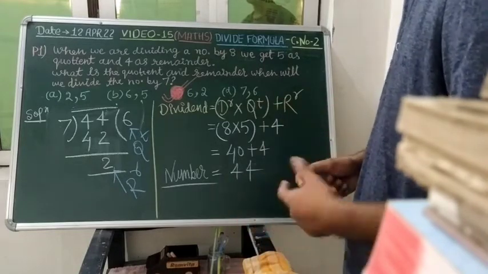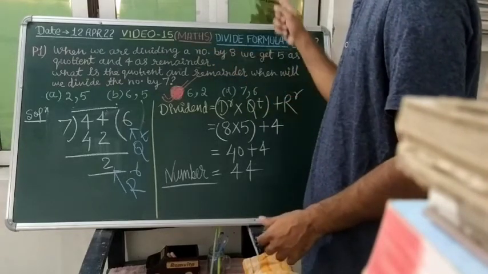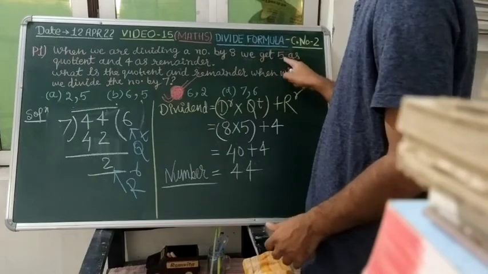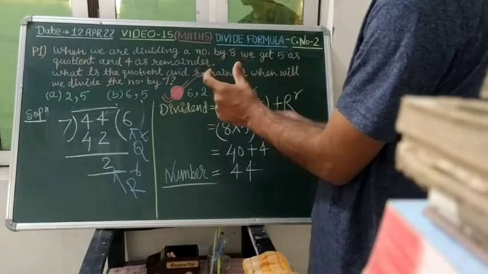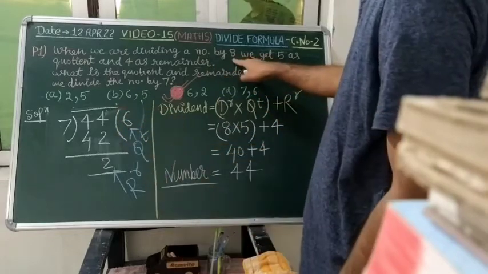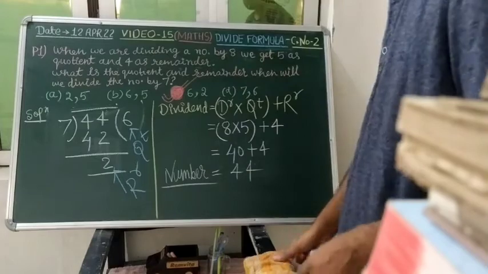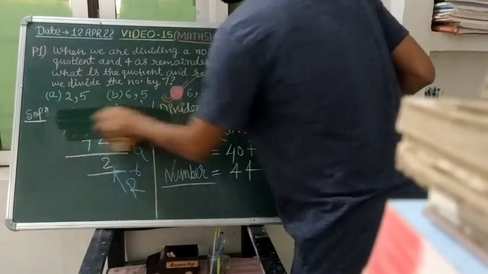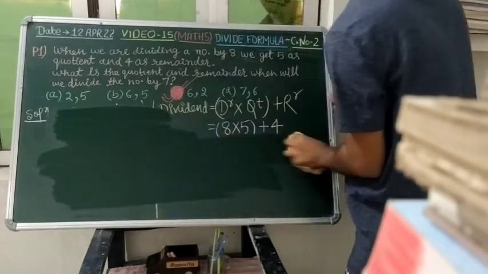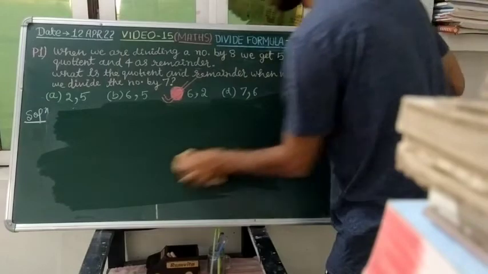The question is saying that a number is given and we are dividing it by 8, getting 5 as our quotient and 4 as our remainder. Let me show you how you can solve it in a quick way.